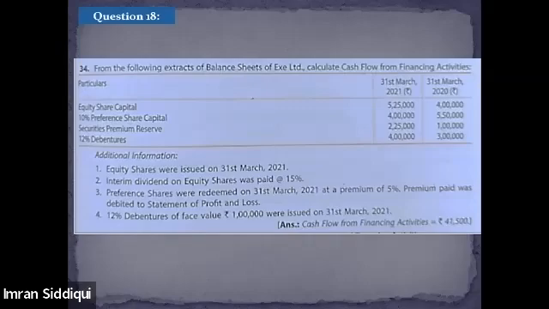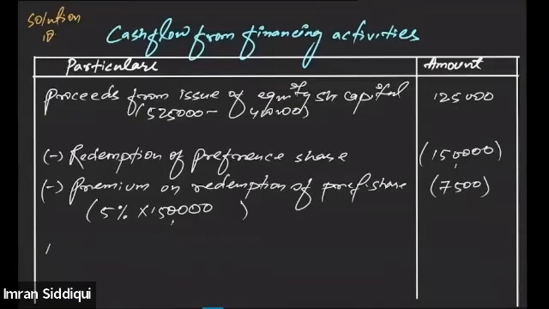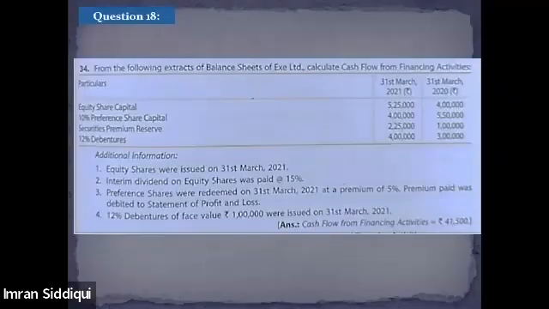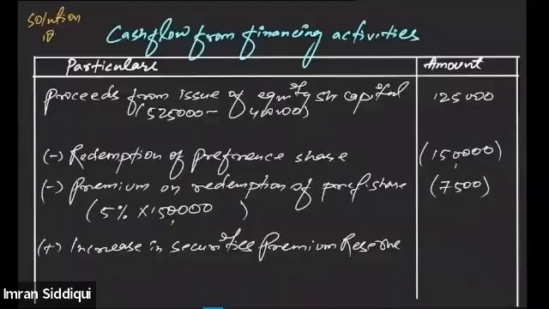So we'll write this as increase in securities premium reserve, 1,25,000. Understood, everyone? Is that clear?